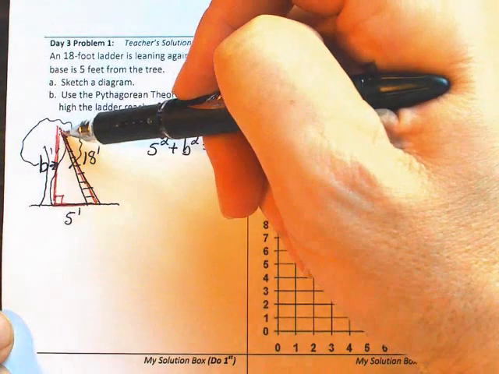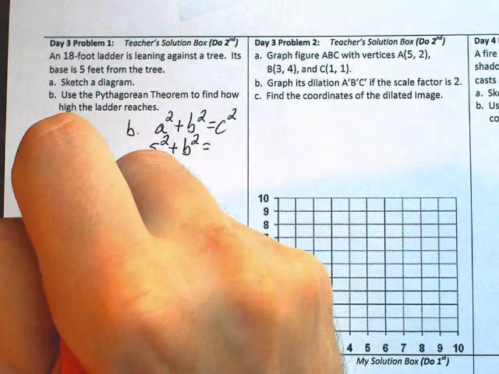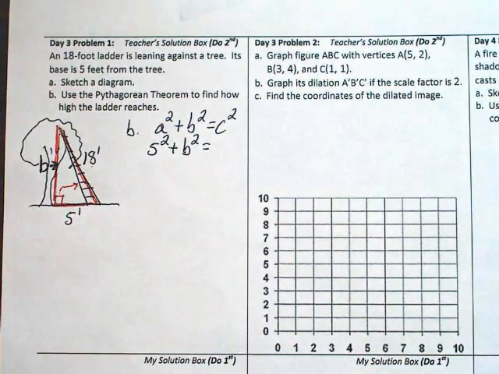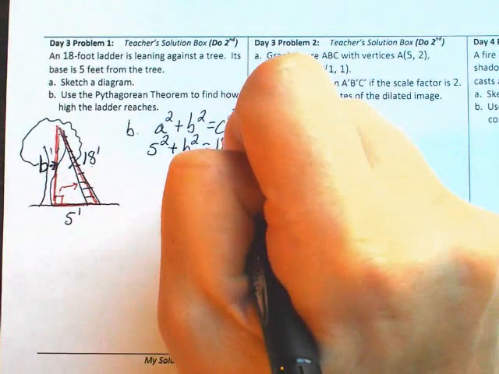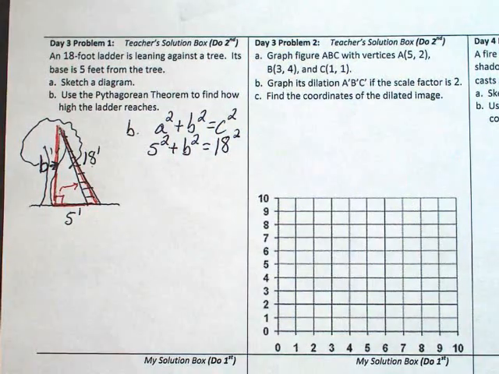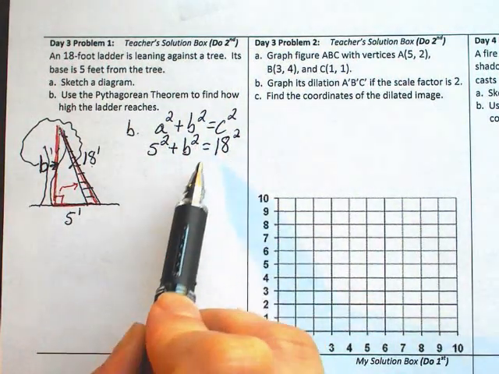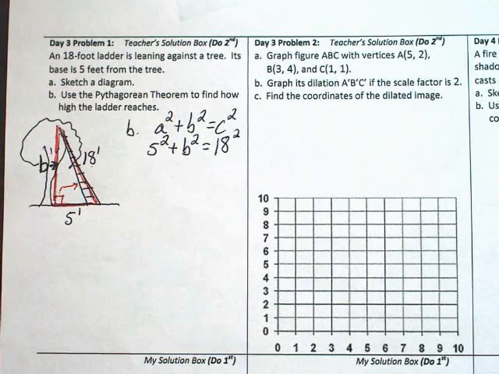That is this diagonal looking side that is across from the 90-degree angle, and that side has 18 feet. And so the letter C can be replaced with 18 squared. And so we have the equation 5 squared plus b squared is equal to 18 squared. And we'd like to solve that for b. We want to isolate the letter b.